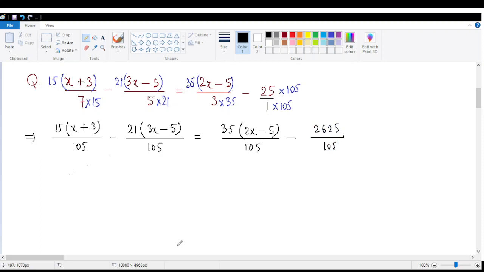So this is the total form now. As you can see, the denominators are all 105, so you can remove them. Now all I will get is the numerator.